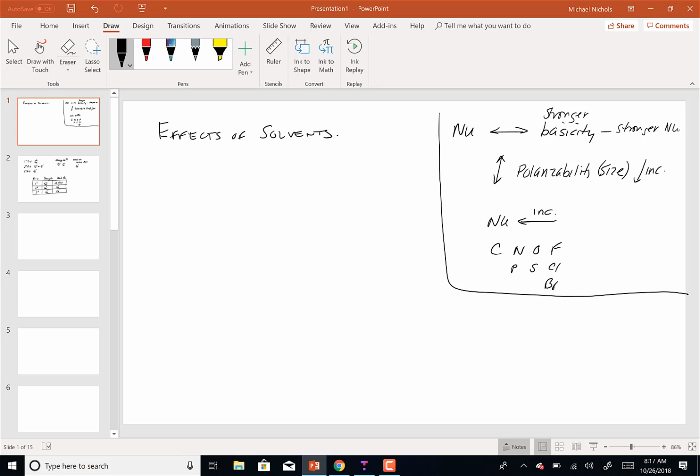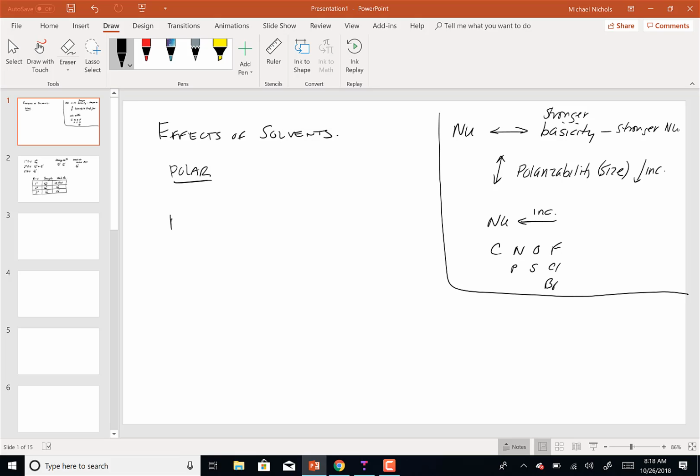All right. What's the effect of solvents? Well, first of all, we have to talk about what kind of solvents you can use for this reaction. And you have two choices. Well, you have one choice. Got to be a polar solvent.